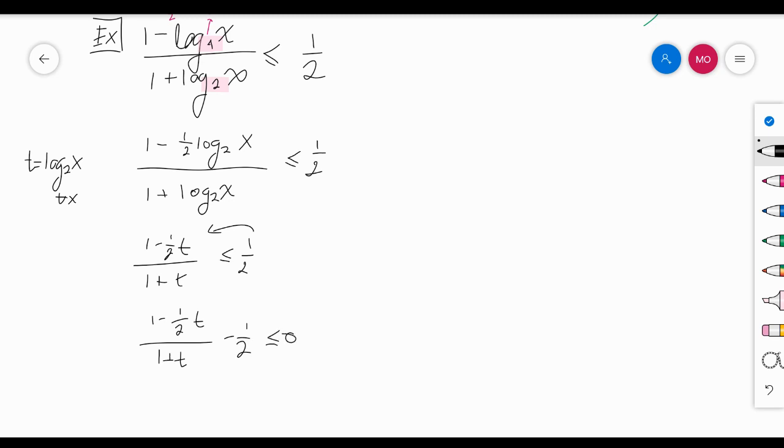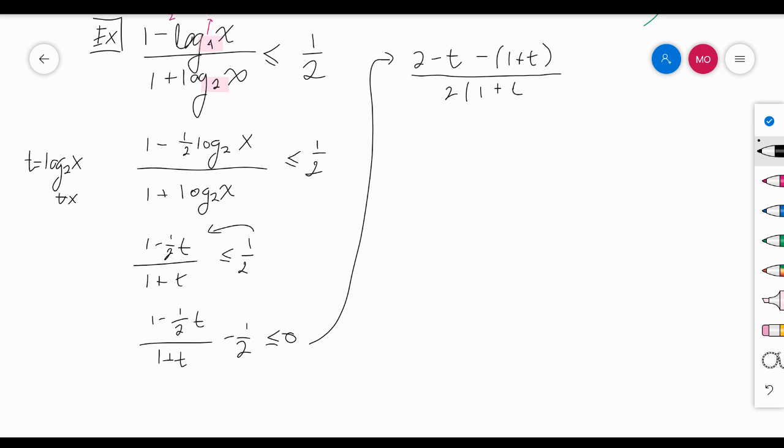Now I'm going to want to make a common denominator. So common denominator, we're going to have (2 minus t) for this fraction, and then minus (1 plus t) right here, all over 2 times (1 plus t).